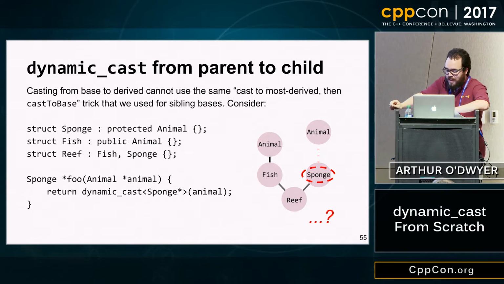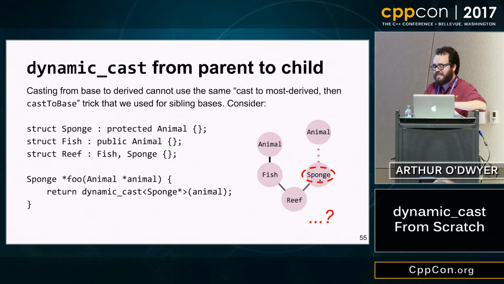And now I point to this animal, and I say, I would like this sponge, please. This works because this animal is a reef, and a reef is a sponge, and there's only one sponge I could possibly be talking about.